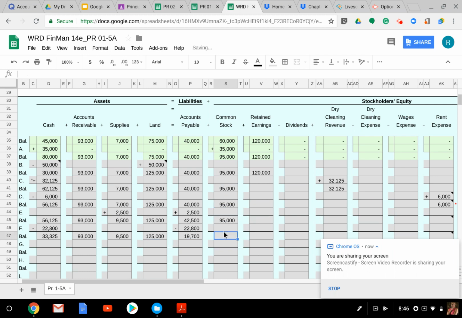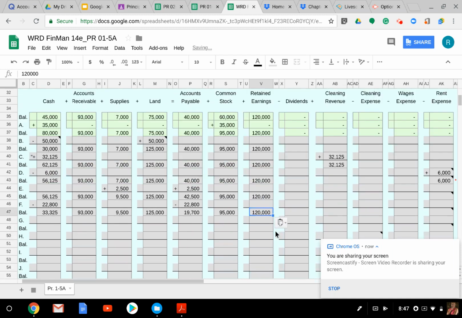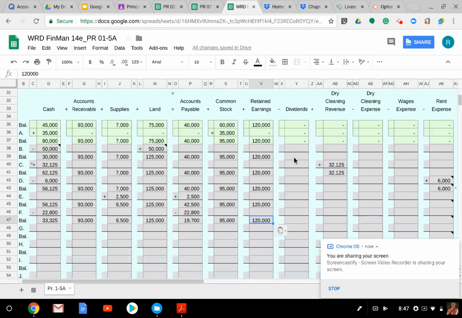If you do this as you go, you won't be doing what I'm doing right now. We did not have any other transactions for retained earnings, so we're just going to bring that balance down. Okay. And then the same thing for dividends, we had no transactions yet. Dry cleaning revenue, we only had the one transaction, so we're going to bring it down as well.